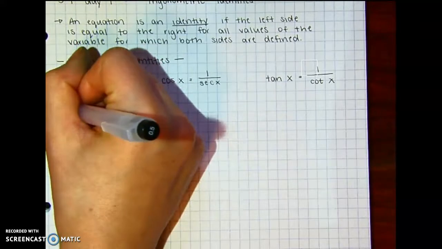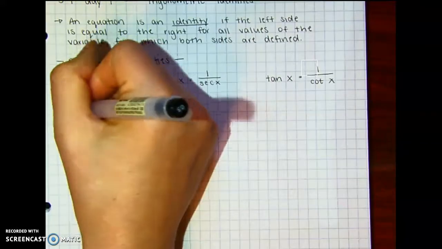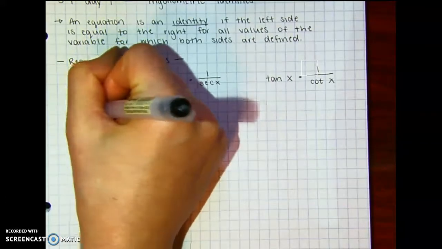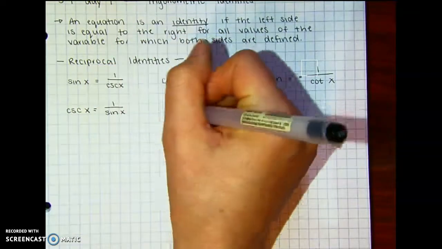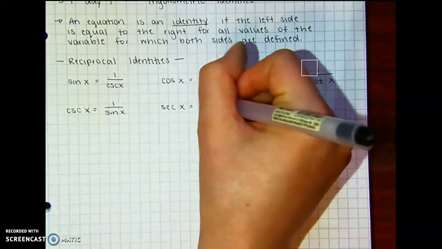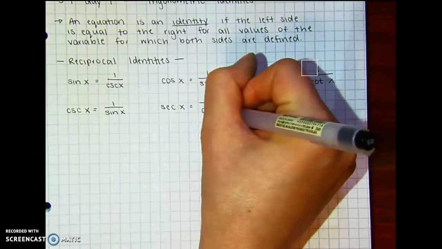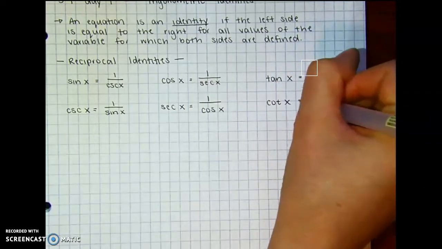So cosecant of x is equal to 1 over sine of x. Secant of x is equal to 1 over cosine of x. And cotangent of x is equal to secant, or 1 over secant of x.